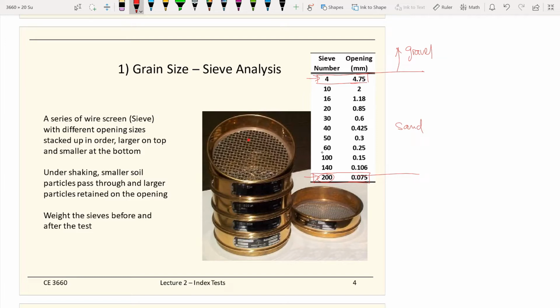If your soil particles after the shaking are retained on number 4, the soil particles have a size greater than 4.75 millimeters. If the soil passes through number 4, the soil particles become sand. So whatever passes number 4 is not only sand. It could also be silt and clay.